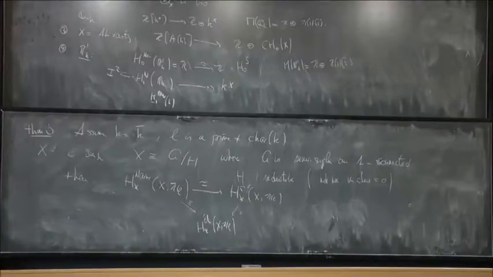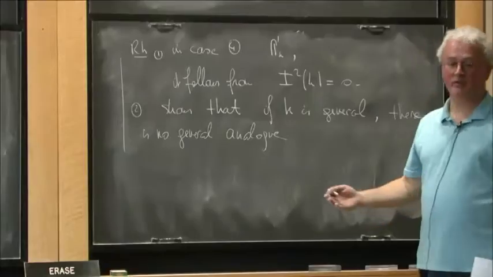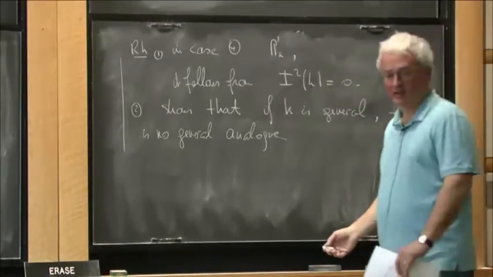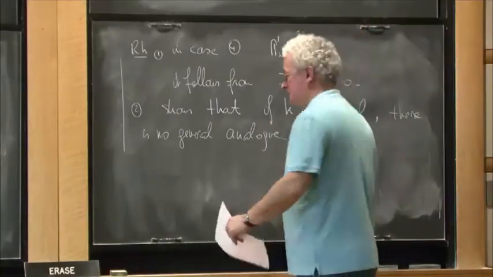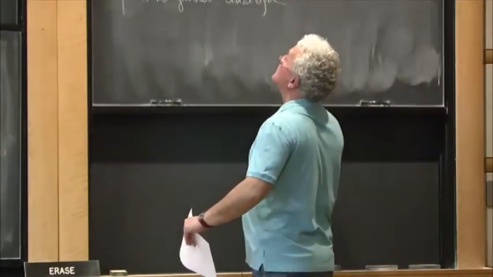I won't have time to explain this in generality. A smooth proper variety is either non-A1 connected, or if it is A1 connected, the H1 is non-trivial. So this is the only case. Basically, you can prove something more general for a general field in the H1 case. I will come back to this point later.